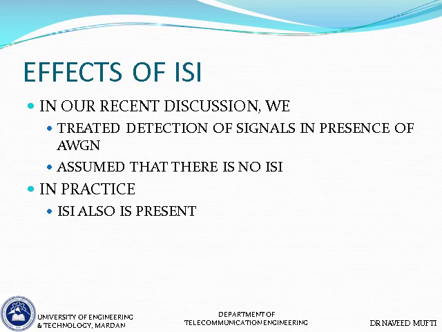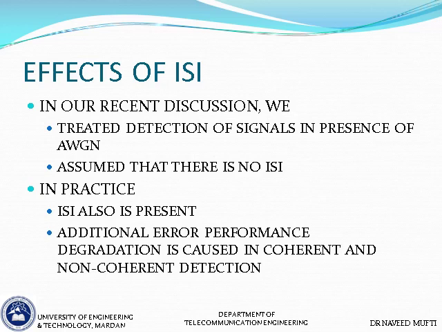We have studied what ISI does. Yes, ISI can degrade error performance also. If you remember, we compared two curves where in one system increasing Eb/N0 did not improve the error performance, whereas in the other scenario it did.